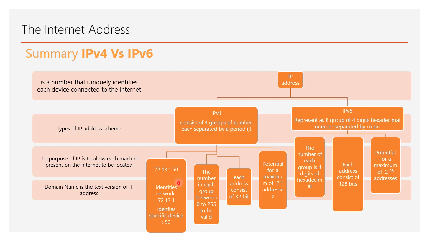In IPv4, the first 3 groups of numbers identify the network, and the last group of numbers identifies a specific device, such as 50. The number in each group of IPv4 must always be between 0 and 255 to be valid.